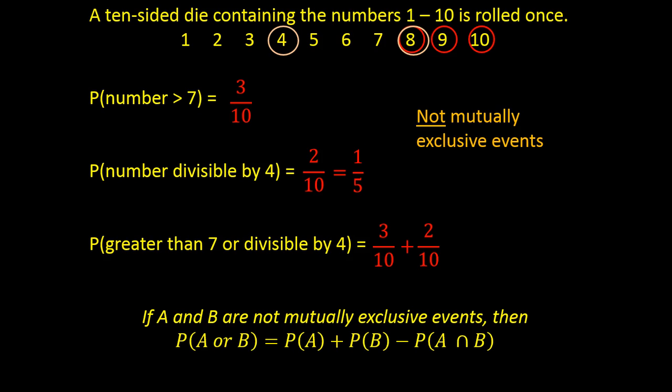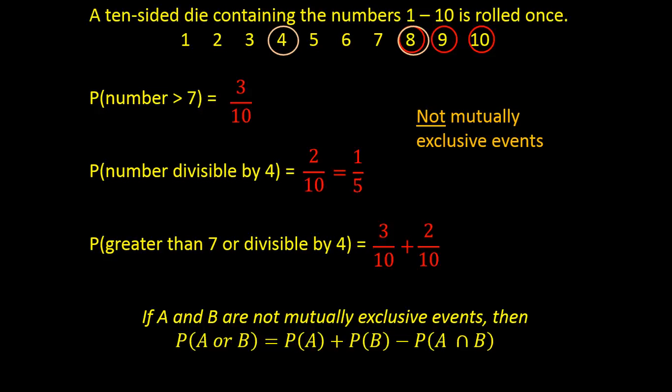So how do we deal with that? If we have two events, A and B, and they're not mutually exclusive events, then if we want the probability that event A or event B happens, we can certainly add together their separate probabilities, the probability of A plus the probability of B, but then we have to subtract from that the probability of their intersection.